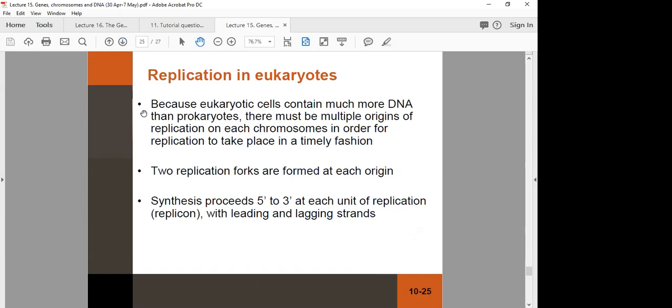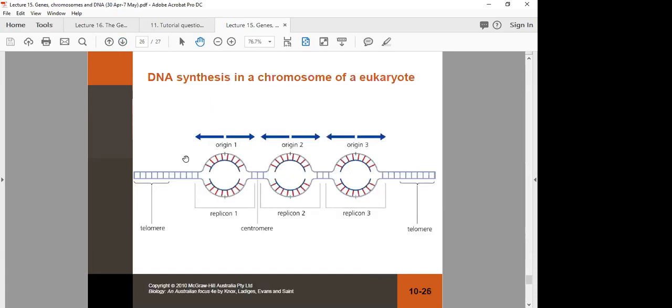There's actually lots of those open regions where replication is taking place. And this is in order for replication to take place in a timely fashion. Now, I only showed you one replication fork in that drawing, but there's actually two replication forks at each origin. And we can see this on the next slide.